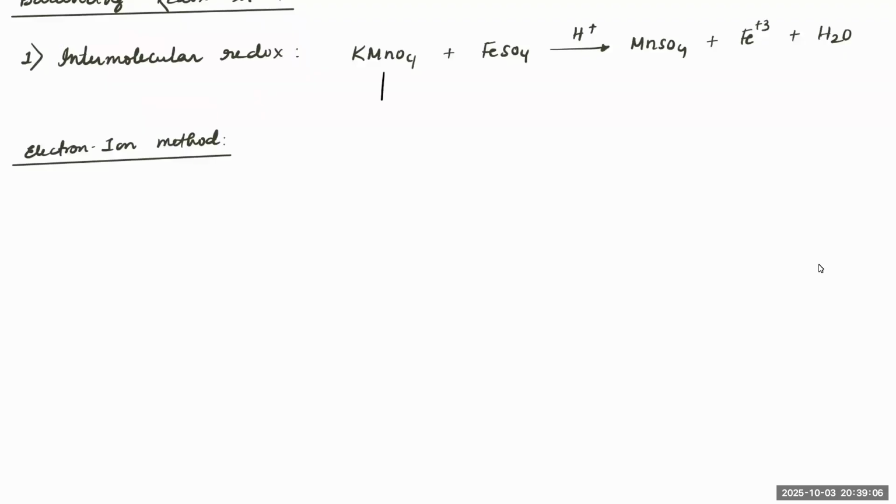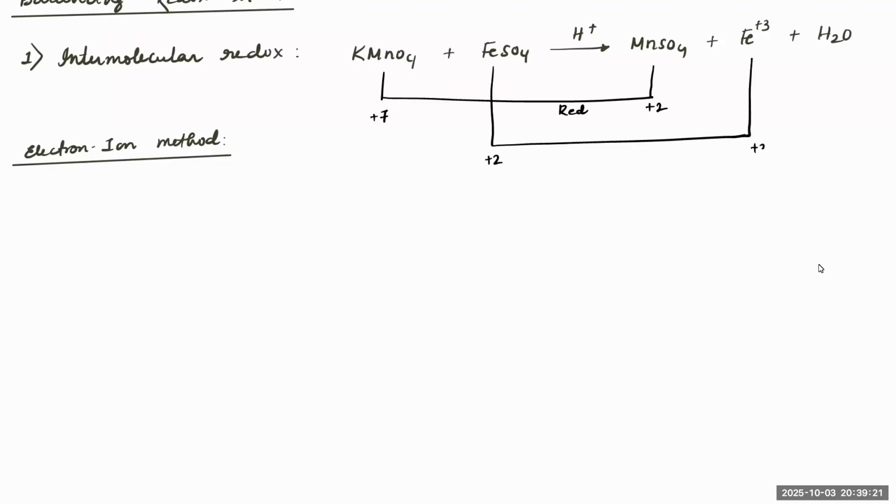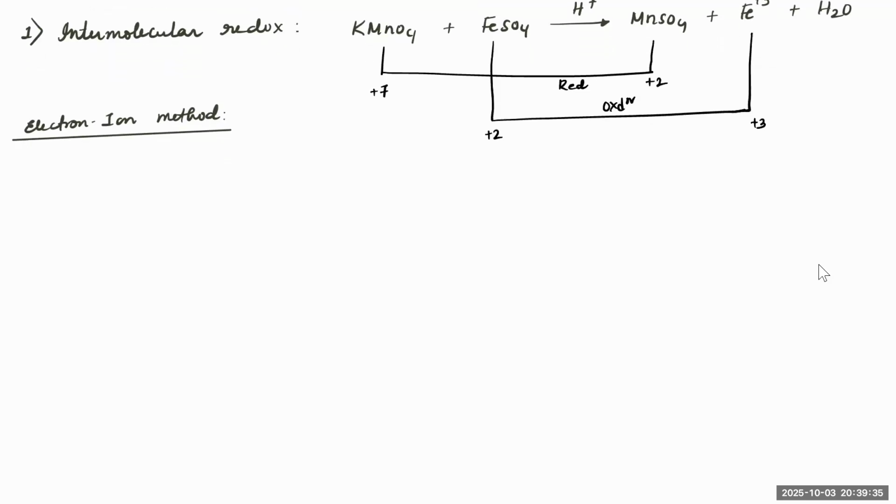So here manganese is getting reduced from +7 to +2, so it is a reduction reaction, while iron is getting oxidized from +2 to +3. You could notice that there are two different species participating in the redox reaction. Got it? Then we call it an intermolecular redox reaction.